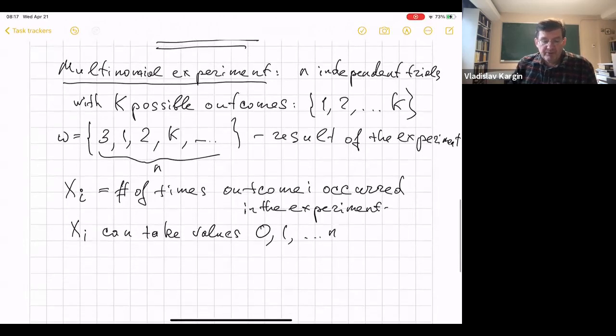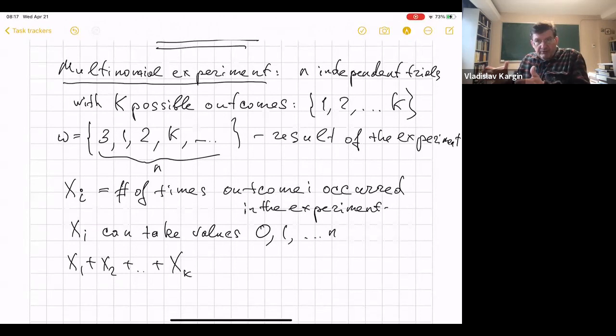But there is also a constraint: x1 plus x2 plus up to xk. So the total counts. If you sum all counts for every possible category of the outcome, then you should get n.